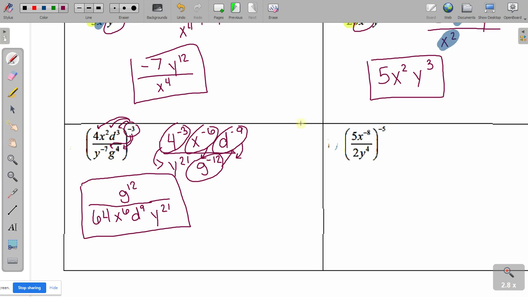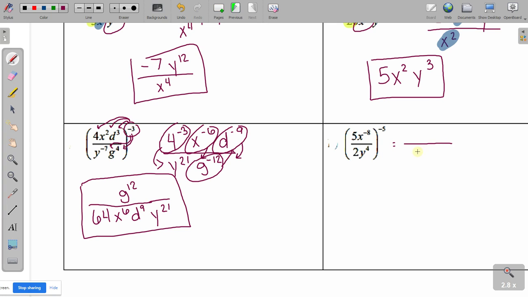Our last problem here. Let's go on and make this a positive exponent. To make that a positive exponent, we have to take what's on top and put it on the bottom, and what's on bottom, put it on the top. So we get 5x to the negative 8th on the bottom and 2y to the 4th on top, and it's raised to a positive 5th power.